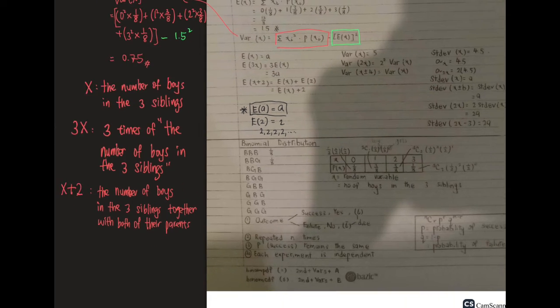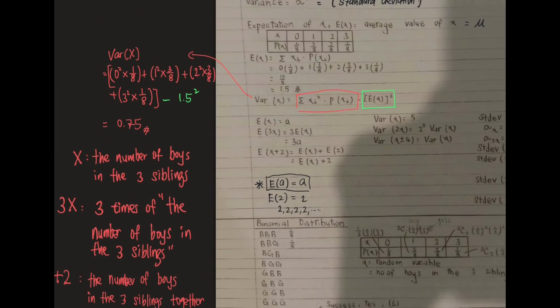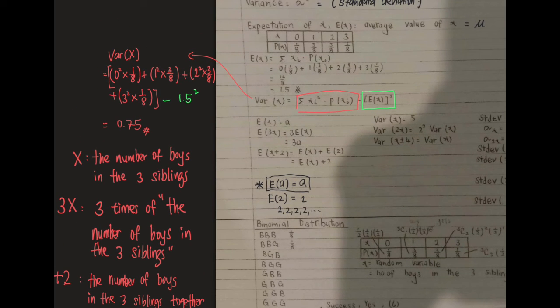Now variance of x. Let's say variance of x is 5, just an example. It's not based on the number of boys in the 3 siblings anymore, where we got 0.75, because that is not that scenario.